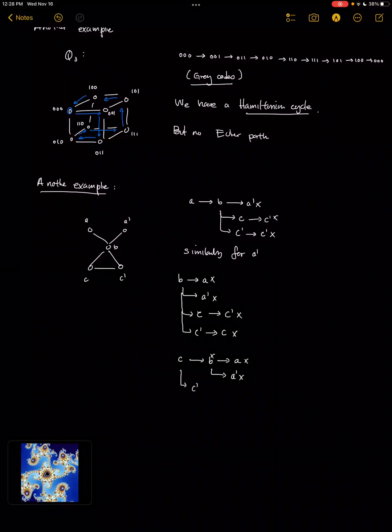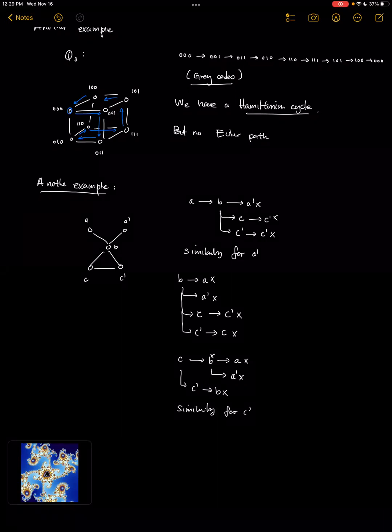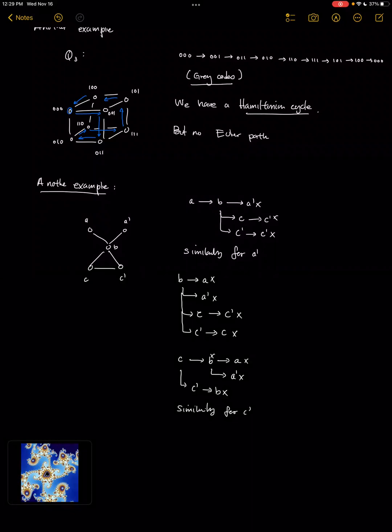But from C prime, I must go to B, and then I get stuck. That means that I cannot start at C. And similarly for C prime. Essentially what we have done here is to exhaust all possible paths that could be Hamiltonian. So there are no Hamiltonian paths whatsoever.